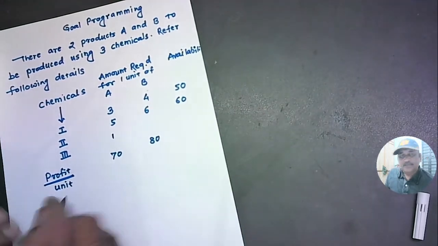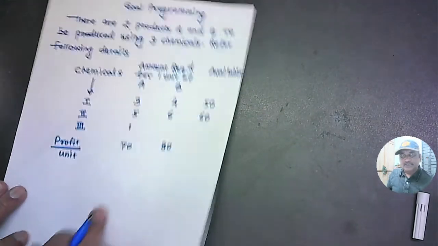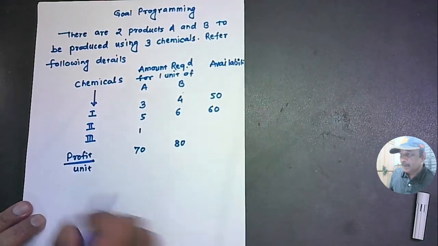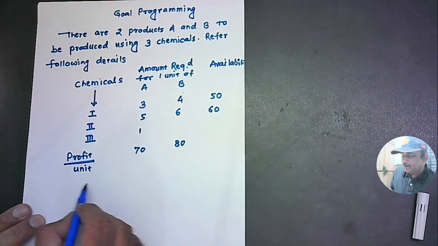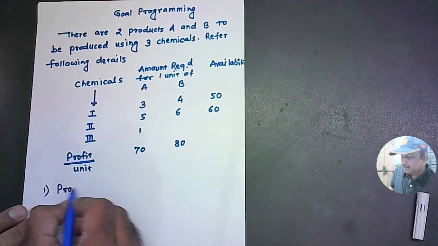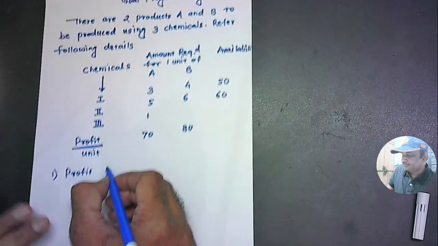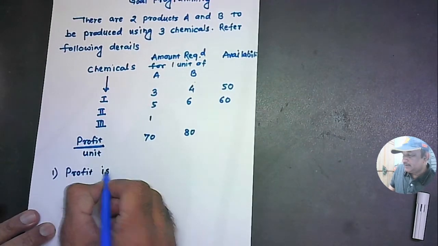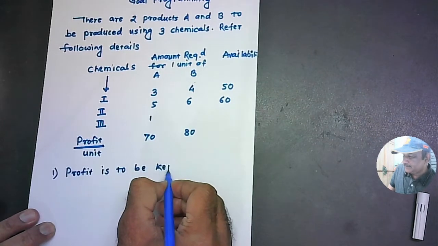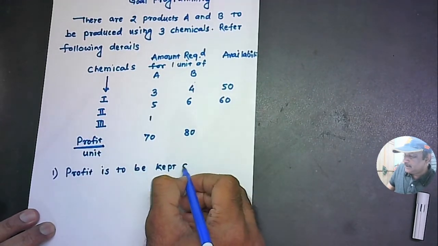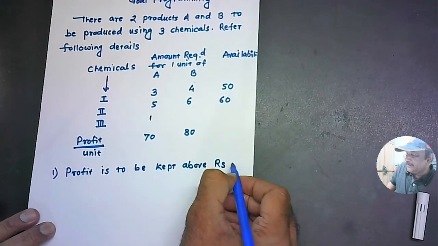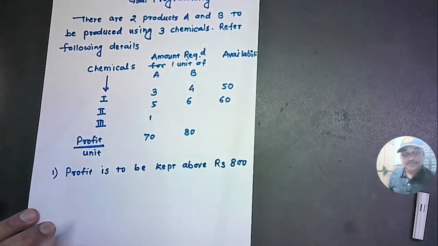There are a few things additionally mentioned, and those are: profit is to be kept above rupees 800. This is the first thing.